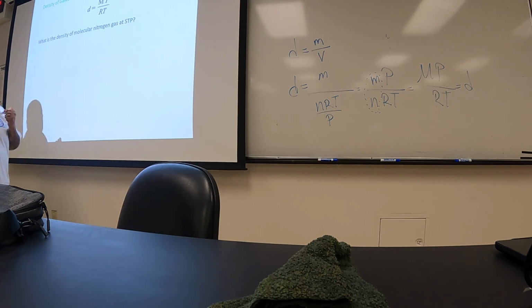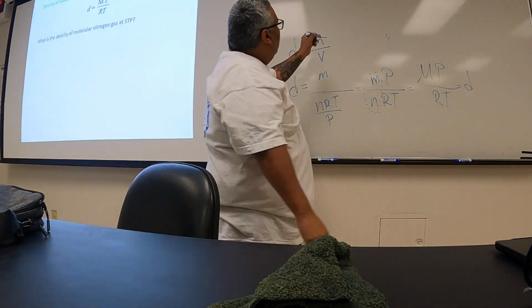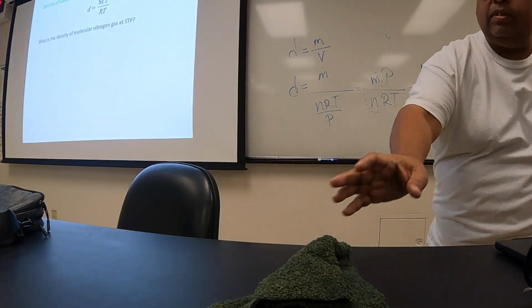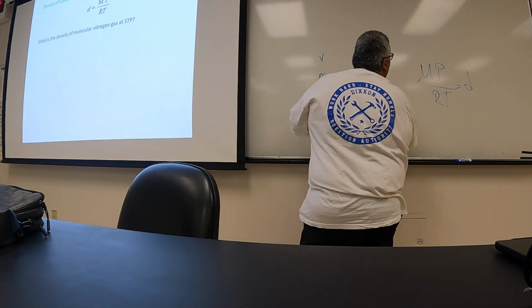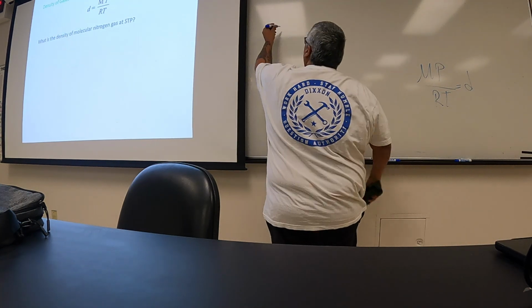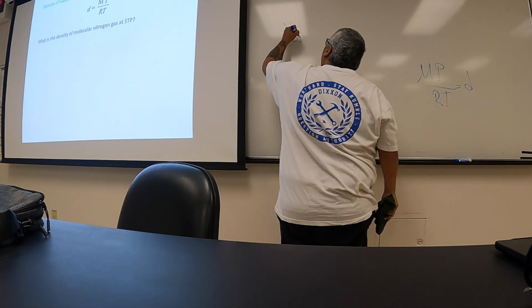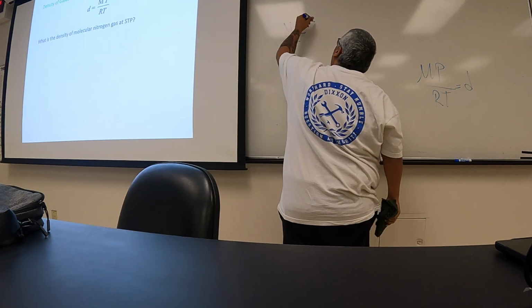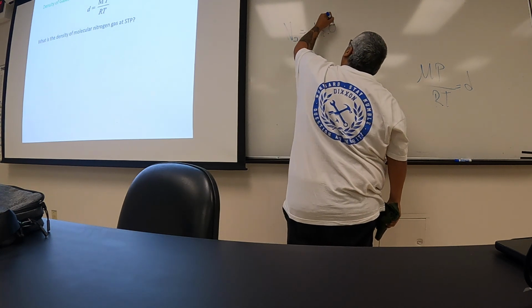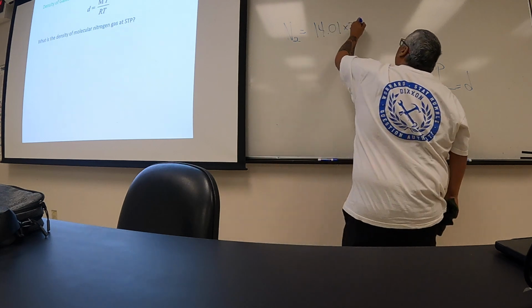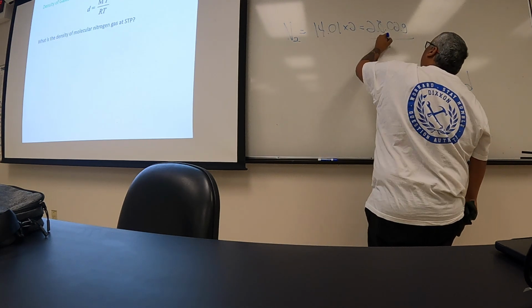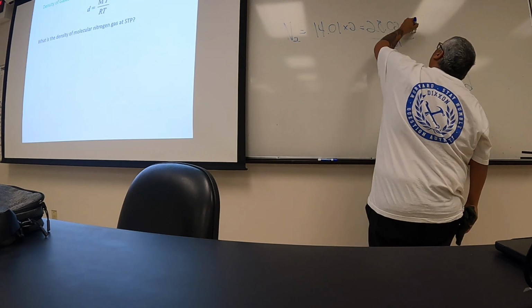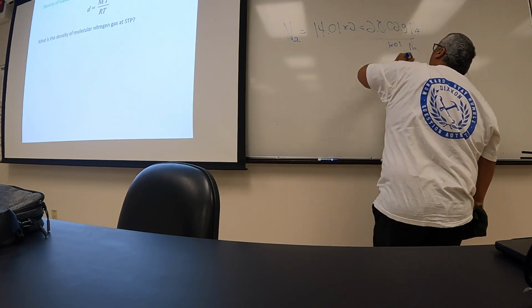Molecular nitrogen is N2. Let me erase some of this up here. So molecular nitrogen, this is 14.01 times 2, so we get 28.02 grams per mole of N2.